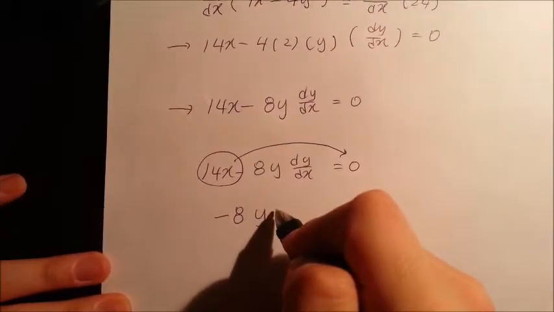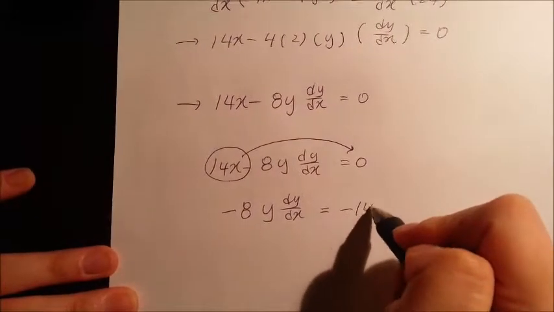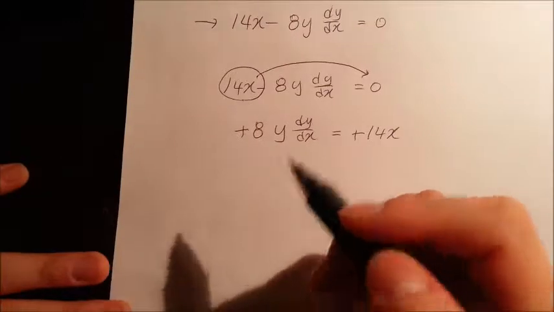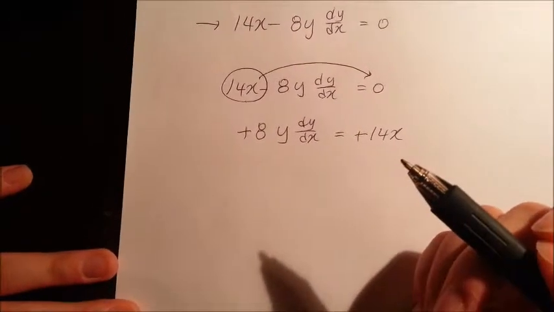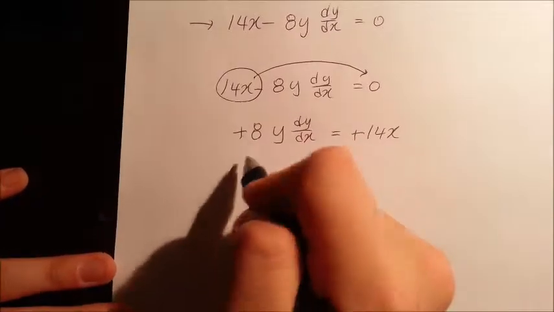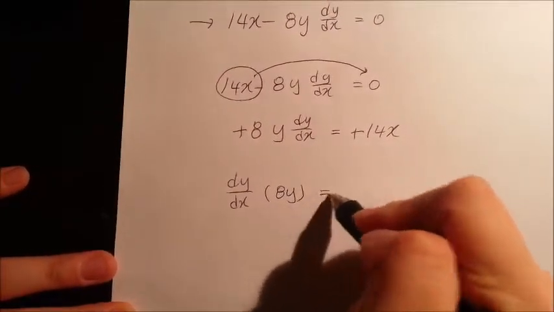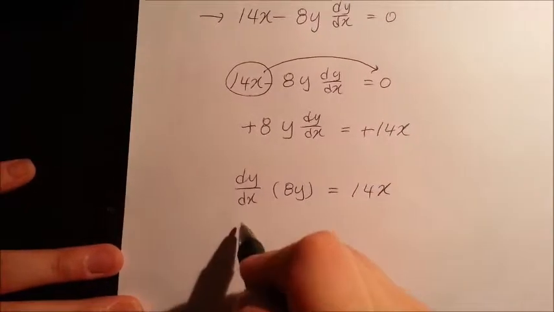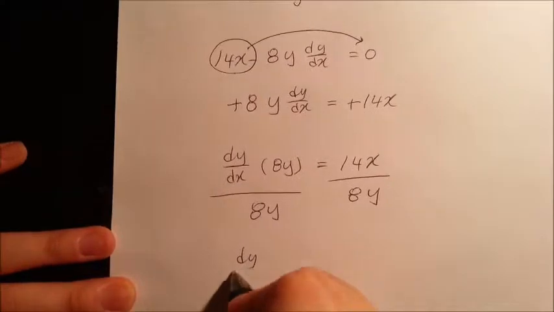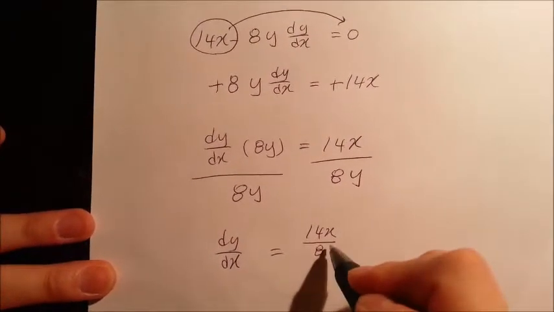So minus 8y dy over dx equals minus 14x. Step 3. Factor out the dy over dx and solve for dy over dx. dy over dx times 8y equals 14x. So let's divide by 8y. dy over dx equals 14x over 8y.